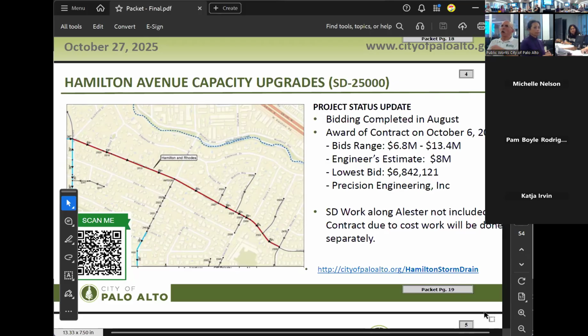Just, could you remind me what the difference in the existing versus what we're going to be? For Hamilton? Yeah. So Hamilton right now is about 12-inch, 15-inch pipe segments. I think 21, 24 is probably the highest, closer to roads. We're going to replace those pipes with either a 48-inch line, or where we need to, a dual line, 36 and 24.